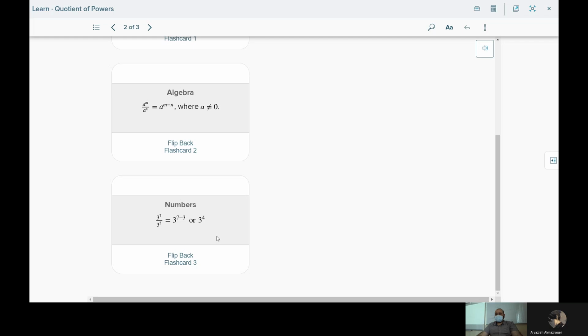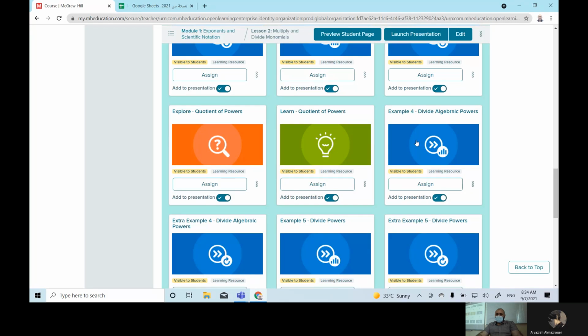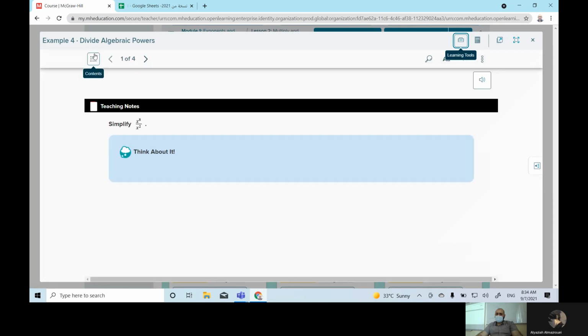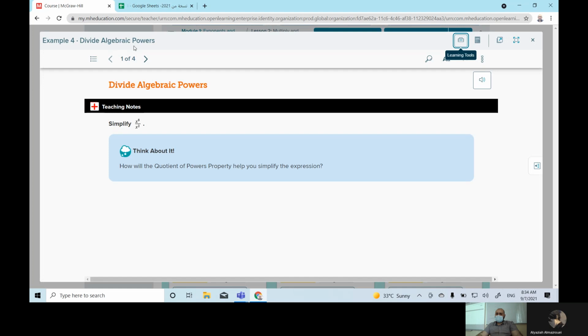Okay, question or example 4. Write the title here: divide algebraic powers.